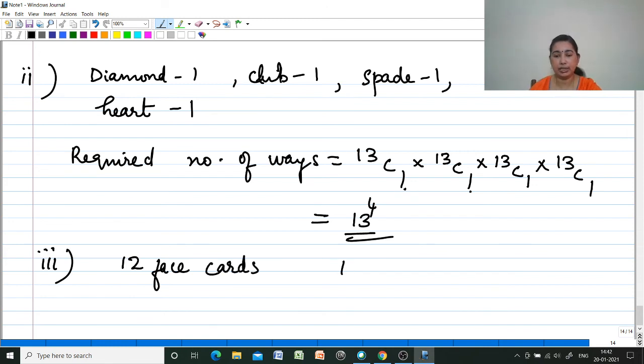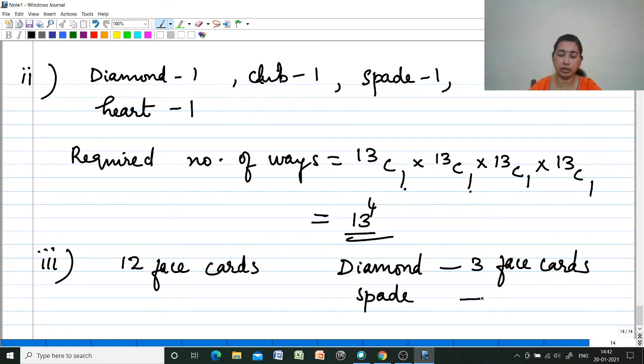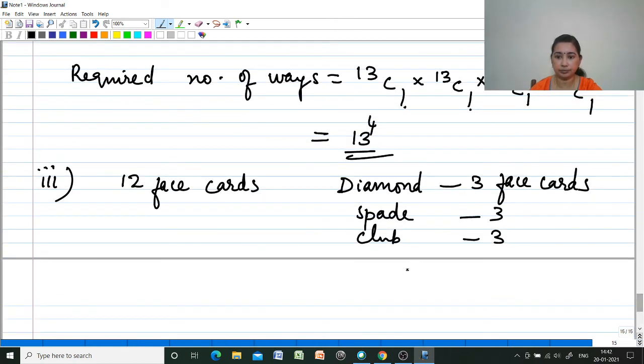In diamond itself 3 face cards, that is JQK. Then spade, there also 3. Then club, there also 3. Then heart, there also 3 face cards. So total there will be 12 face cards in all.